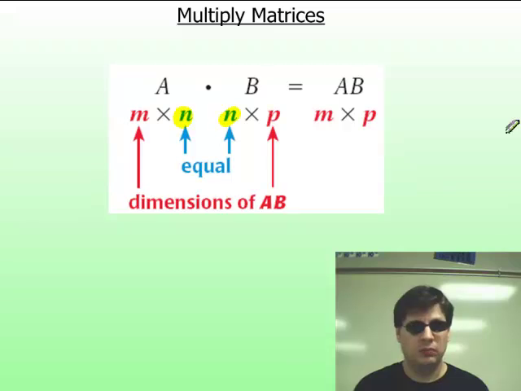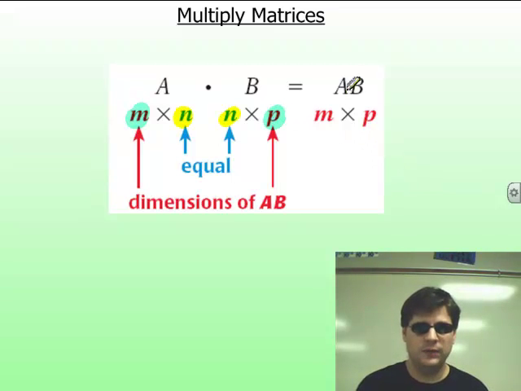The final product matrix, after you multiply them together, is going to have the dimensions of M by P. So therefore, AB will be M by P dimensions.